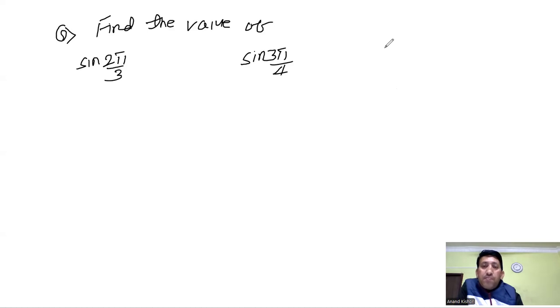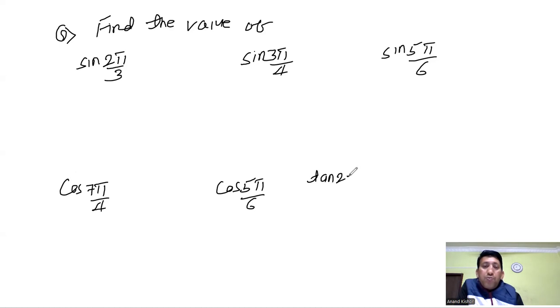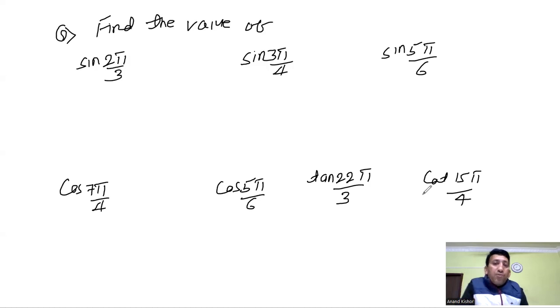Third, sine 5 pi by 6. And cos 7 pi by 4. Then cos 5 pi by 6, tan 22 pi by 3, and cot 10 pi by 4.